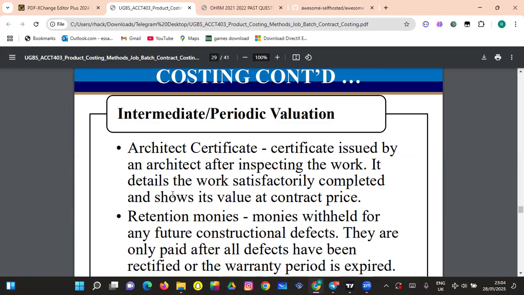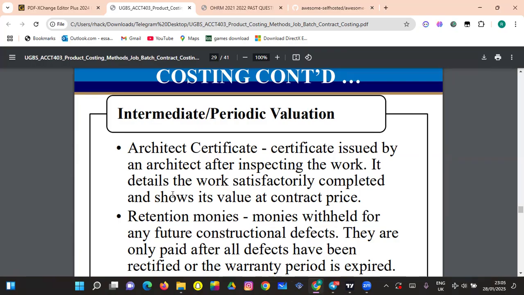Then we also talk about retention money. These are basically monies that are withheld for any future constructional defect. So if the government instructs someone to build a footbridge, the government is going to pay like 80% of everything, but will retain like 20%.